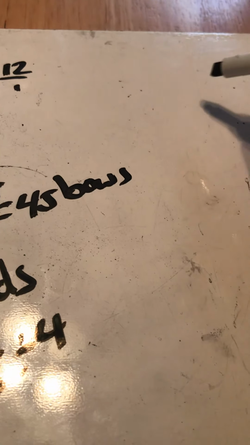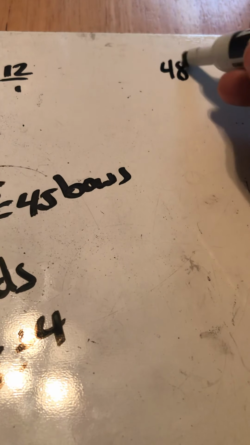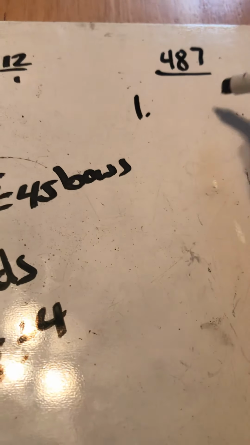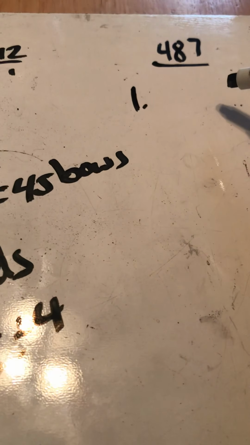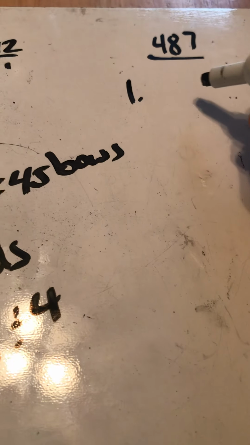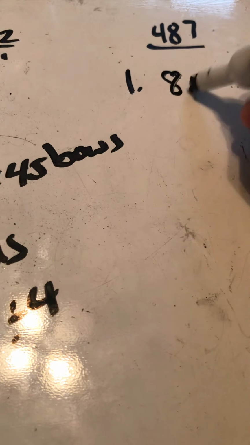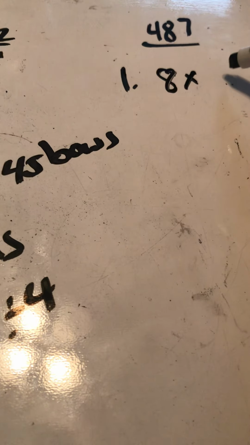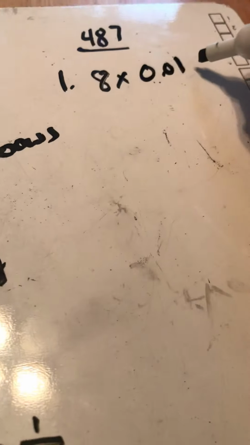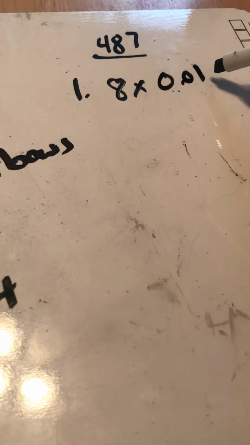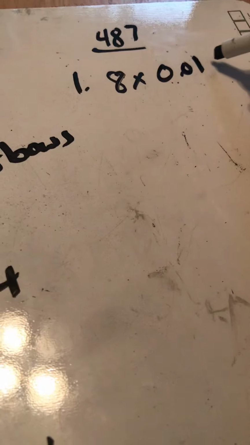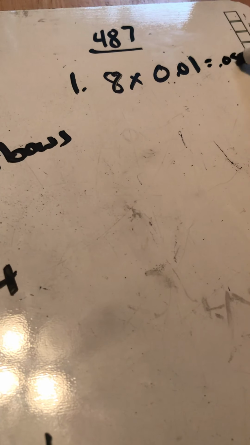All right, we're going to go over page 487. A couple problems on 487. Let's start with number 1. So we have 8 times 1/100th equals what? Well, if it's 8 times 1/100th, it's going to be 8 hundredths, right?